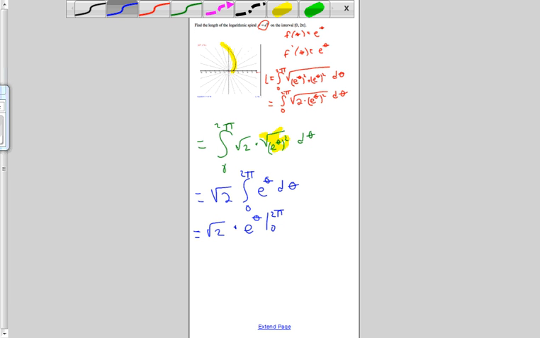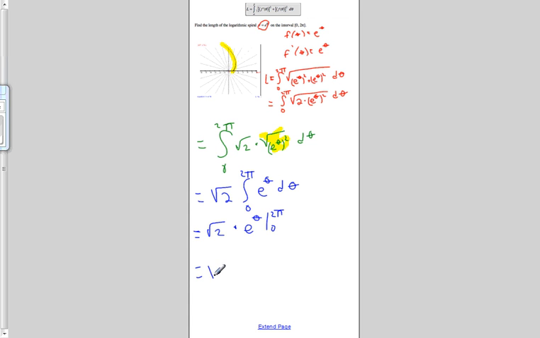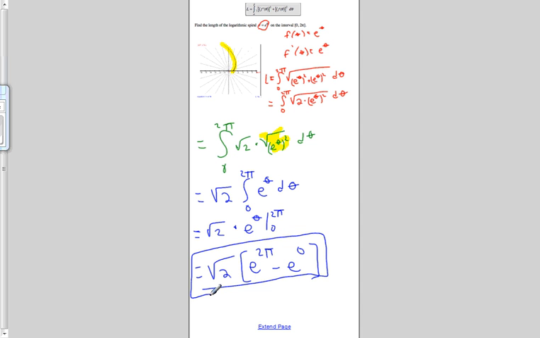We can evaluate this definite integral, and we get that it has an arc length of root 2 times e to the 2 pi minus e to the 0, or just 1. And this is our arc length of the logarithmic spiral, and we found this using that equation for arc length in polar coordinates.